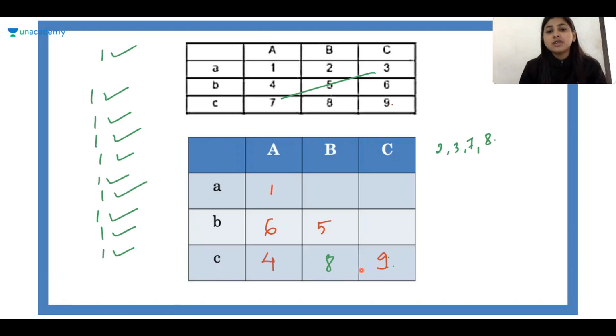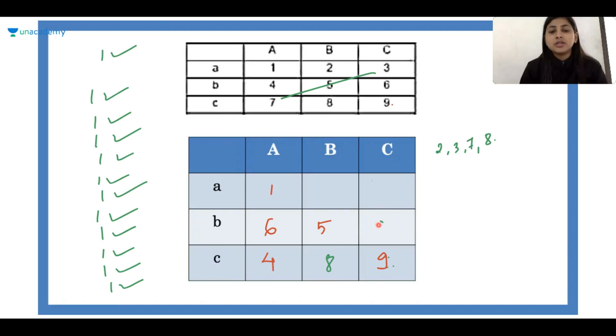Okay, 4, 8, 9, 2, 3, 7. Yes. Exchange 3 and 7. 3, 5, 8. 7, 2, 9. Okay, works. Next.